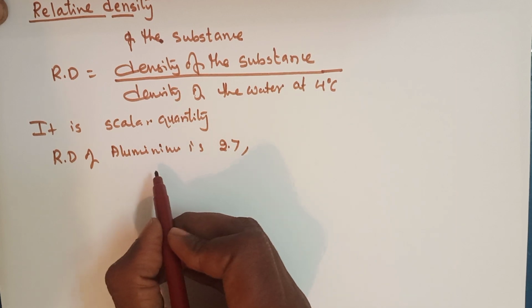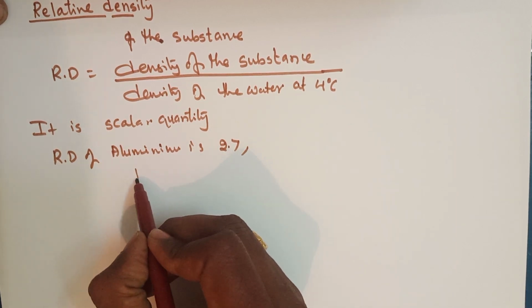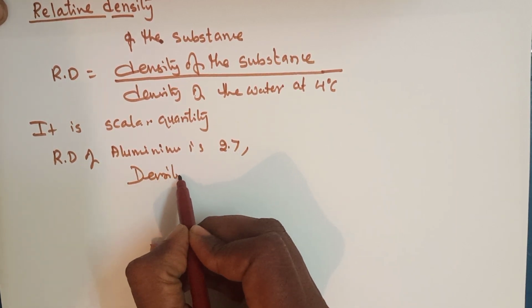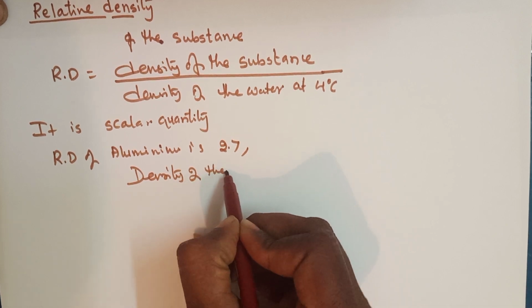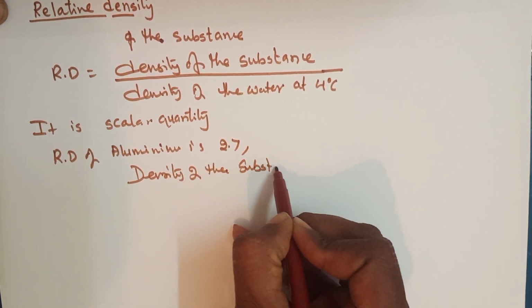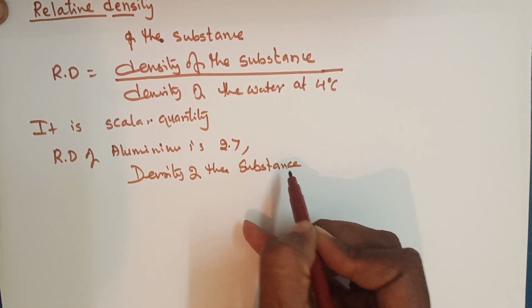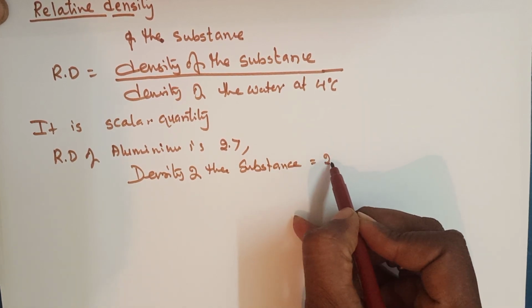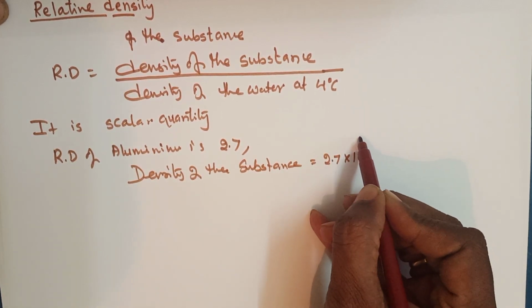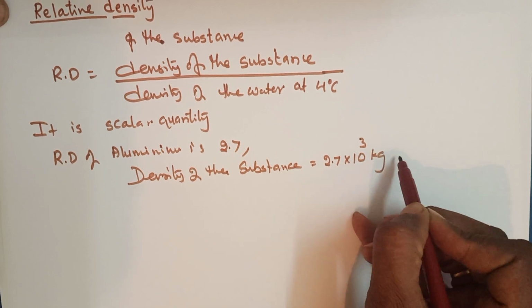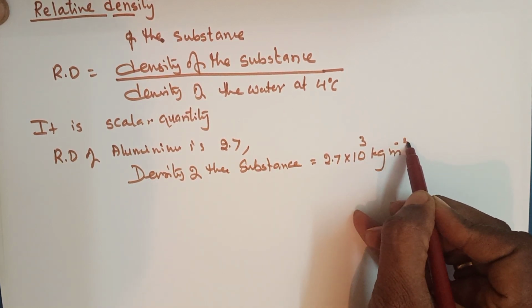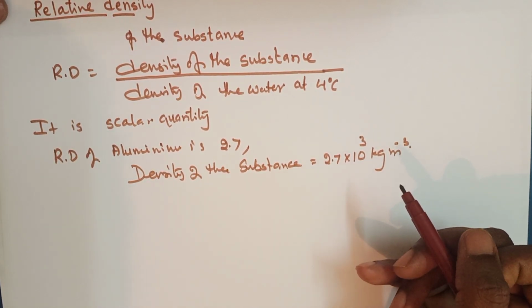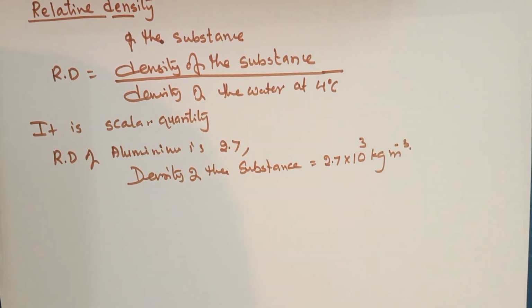Then the density of the substance is 2.7 into 10 power 3 kg per meter cube. This is simple.